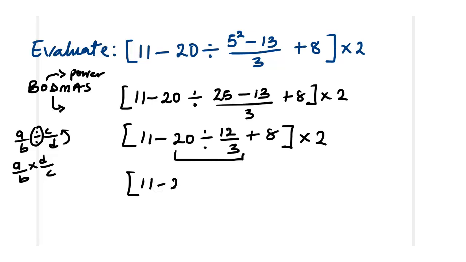So this will give us what? 11 minus 20 times 3 over 12. Well, someone will say that we can quickly do 12 divided by 3, which is 4. That's okay, but I'm strictly following the BODMAS rule. It doesn't change the fact that the answer will still be correct. Then plus 8, right, times what? 2.